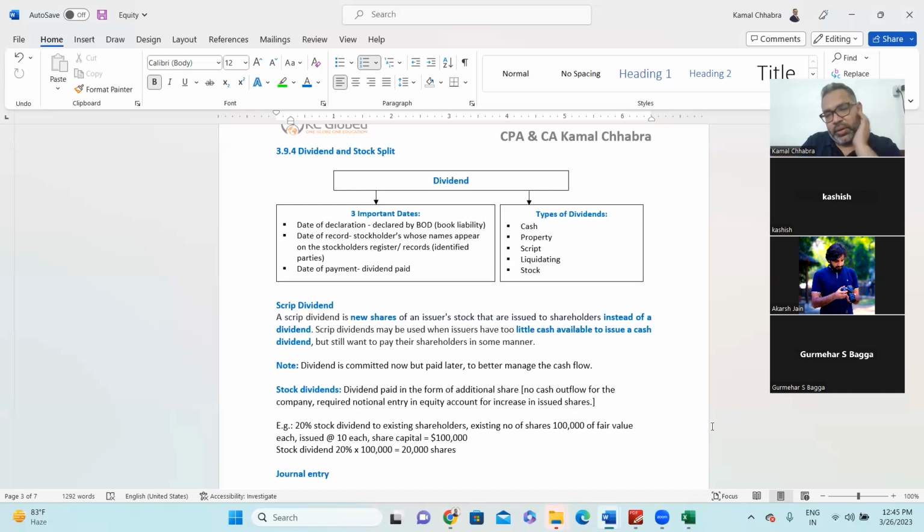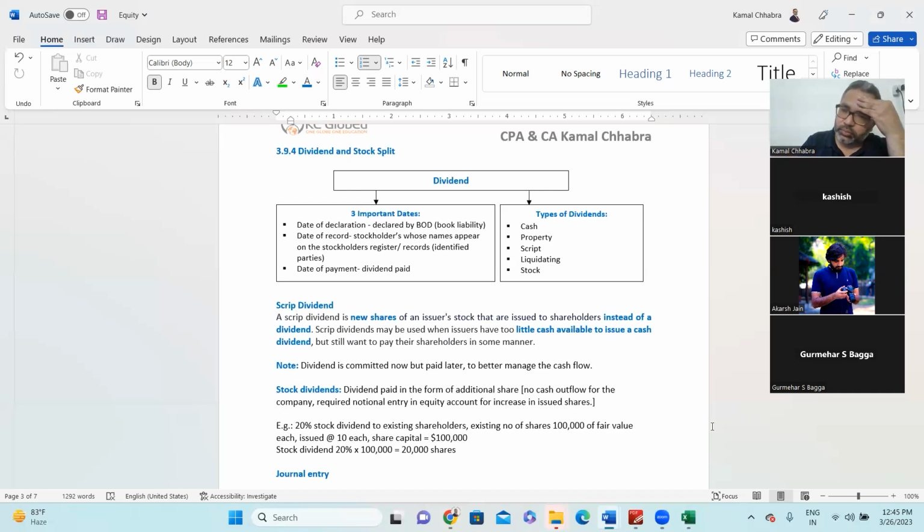Payment can be on a different date. Declaration, let's assume, happened on 31st December, and payment, let's assume, happens on 15th January. So you'll be paying on 15th January to the people who are registered shareholders on 31st December 2022. So these three dates are very important, and these three things you need to keep in mind. Any doubt here?